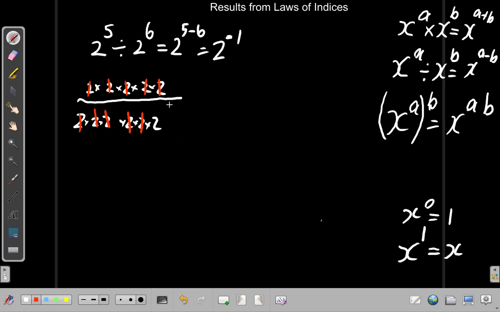We have 1 2 left down here. So let's see what this amounts to. At the top here in the numerator, all we have left is 1 divided by 2. What this is saying is that 2 raised to the power of negative 1 is 1 over 2.